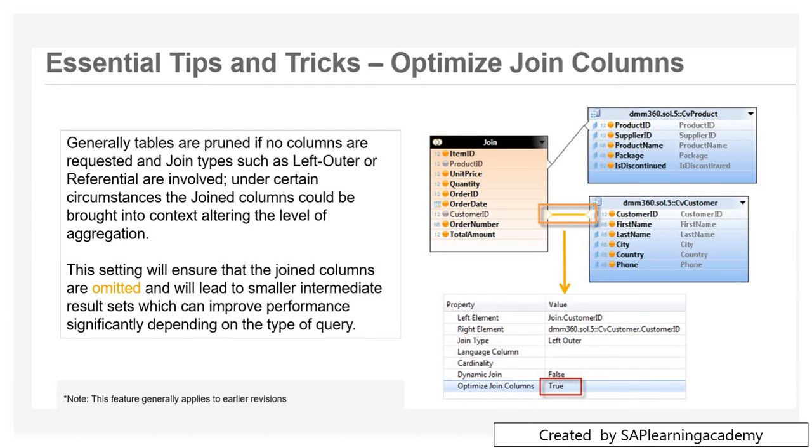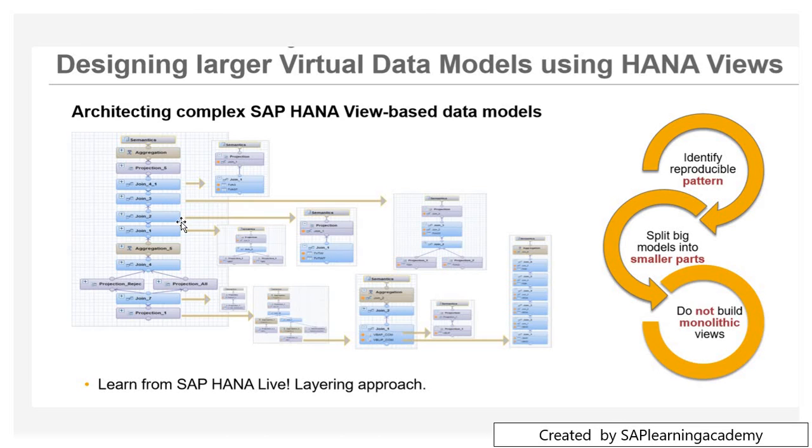And we have the last slide in this part of the tutorial, that is designing the larger virtual data model using HANA views. Suppose you are going to make a very complex and bigger data model, then how are you going to approach it? You have to understand the layering approach.